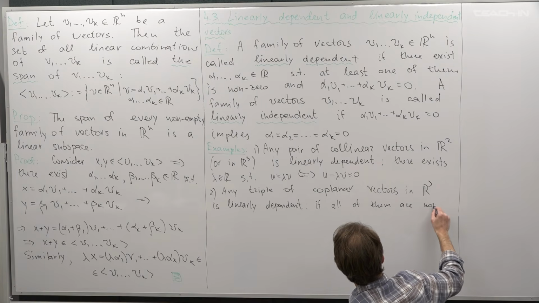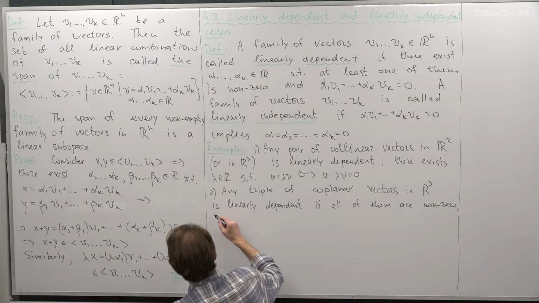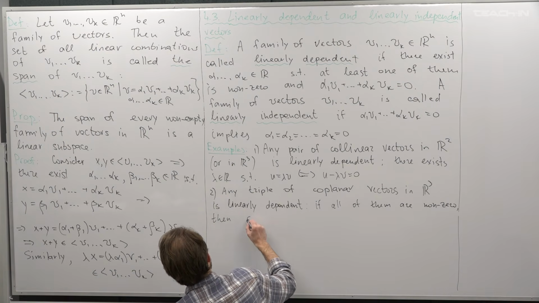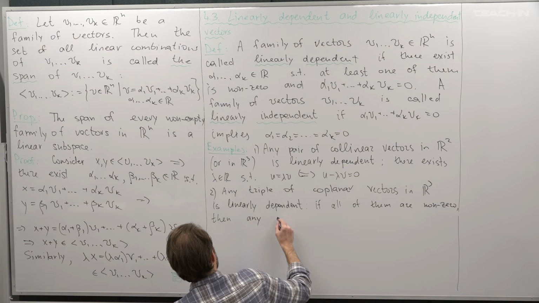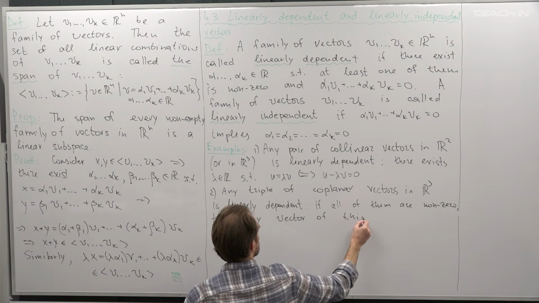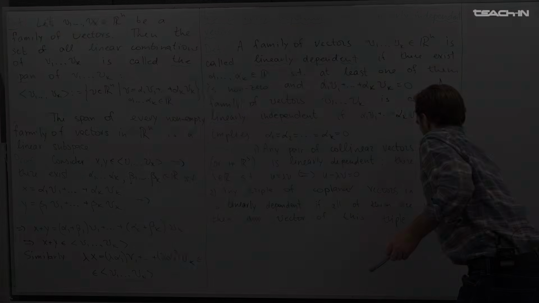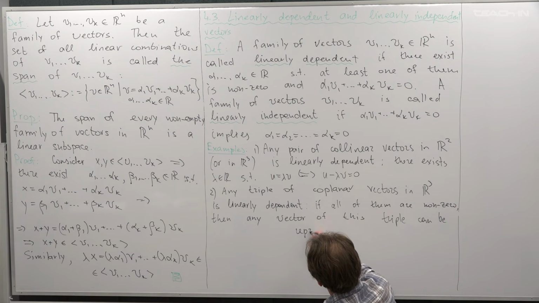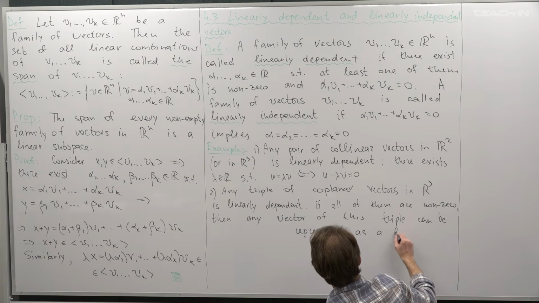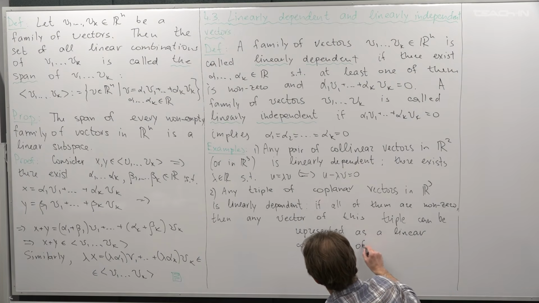If the vectors are non-zero, then any vector of this triple can be represented as a linear combination of the others.